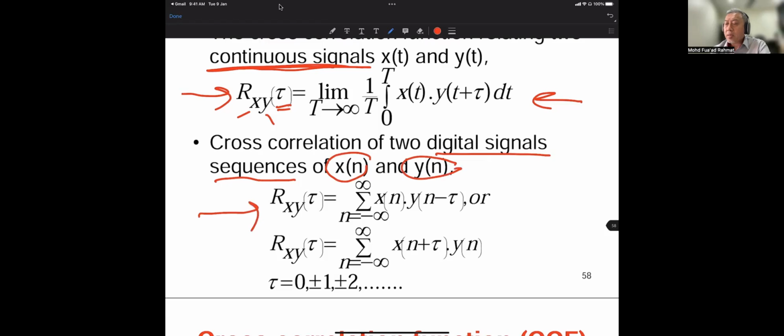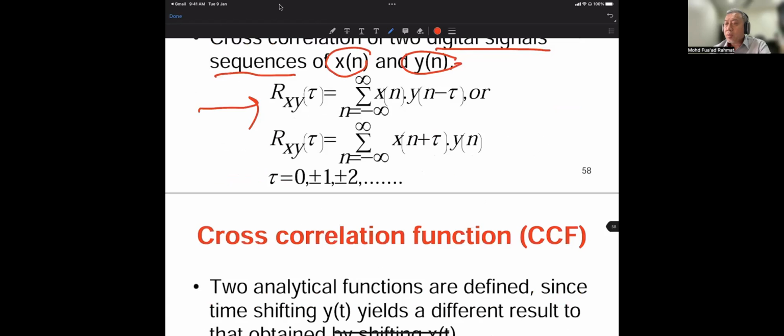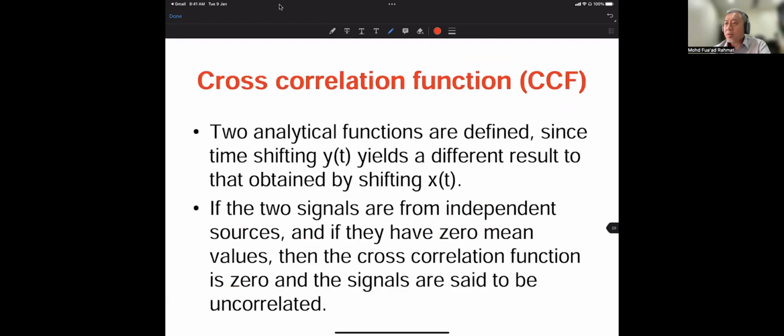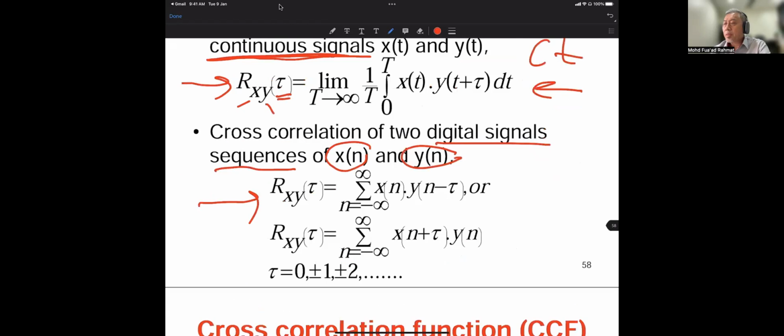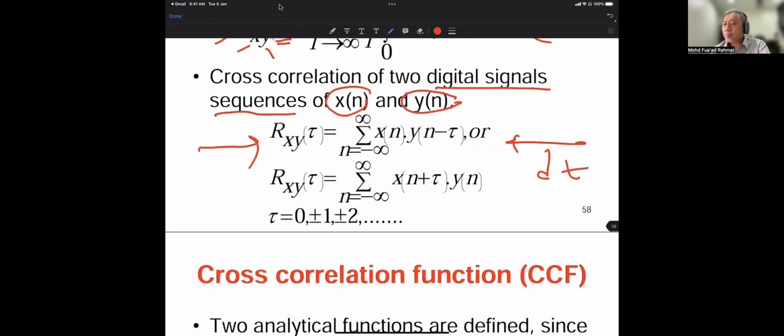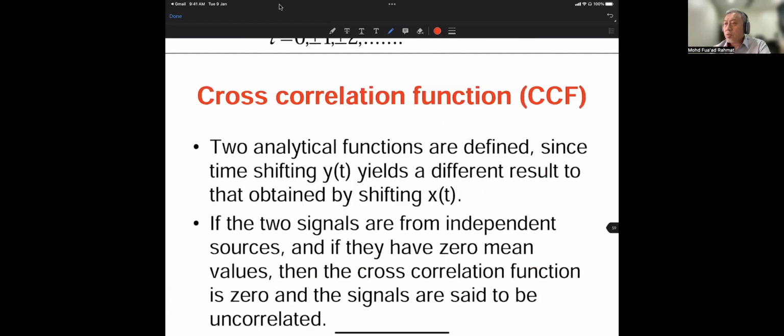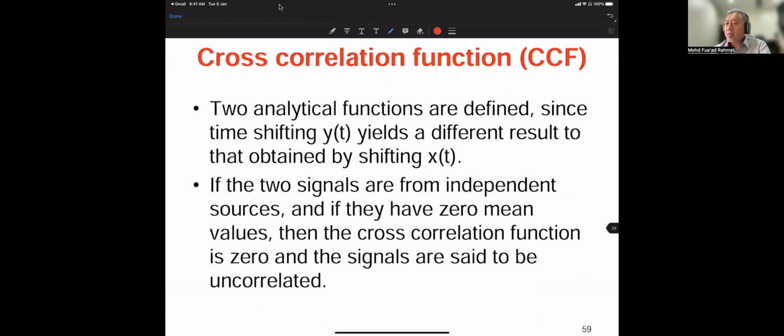Then we apply the equations, so we can get the cross correlation function in either continuous time or discrete time. So two analytical functions are defined: time shifting y and shifting x.